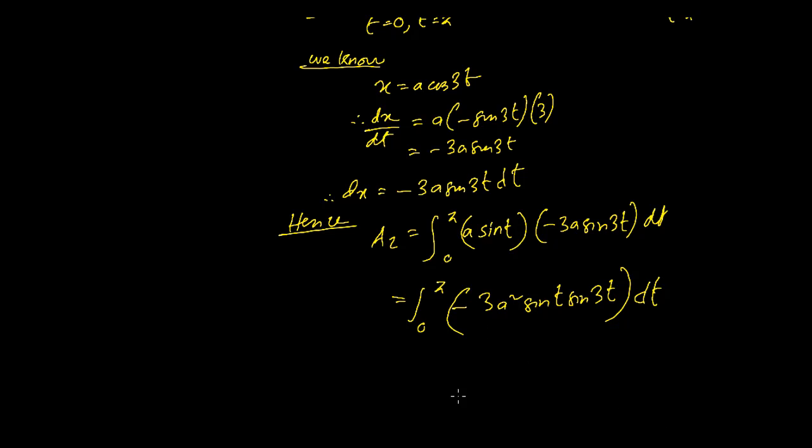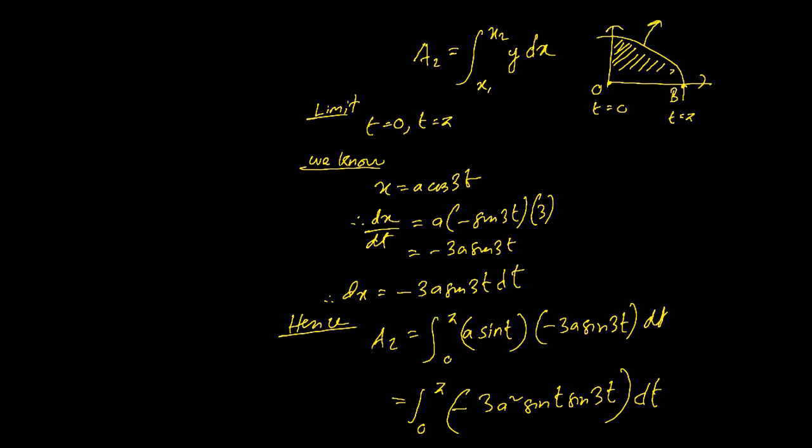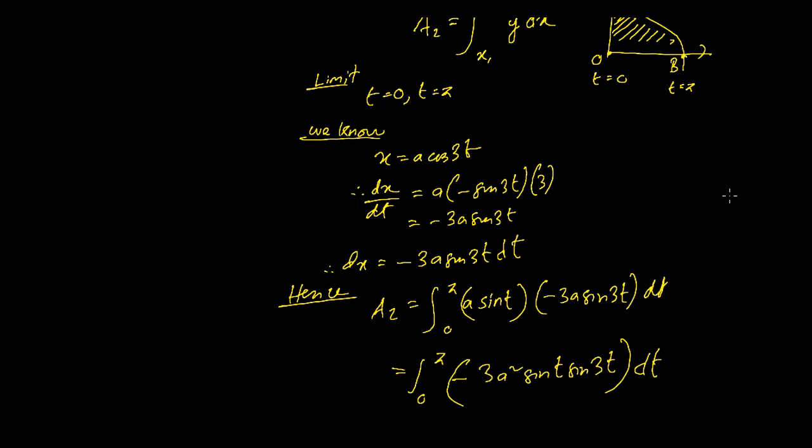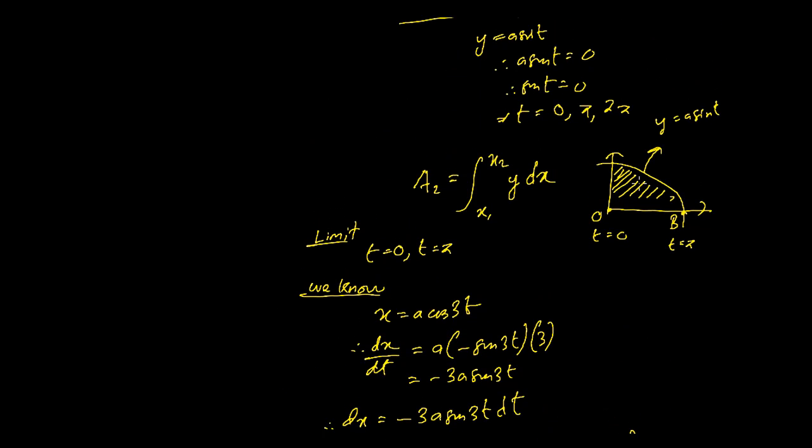Okay, so all set, but one thing needs to be mentioned here. The limit here is from origin O. So at O, x equals 0. So we don't know whether t equals 0, we just know here x equals 0 and here x equals something else. We need the limit.